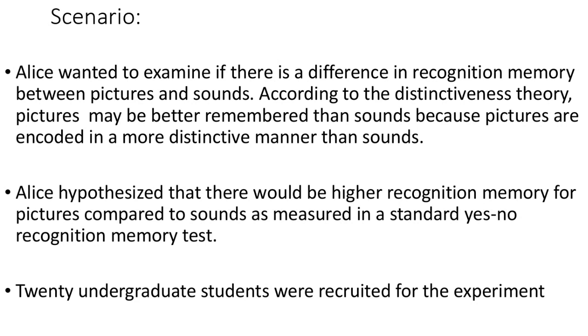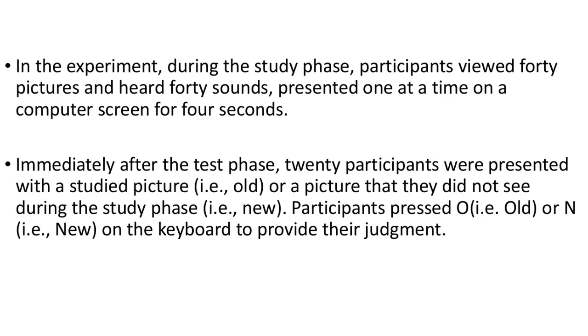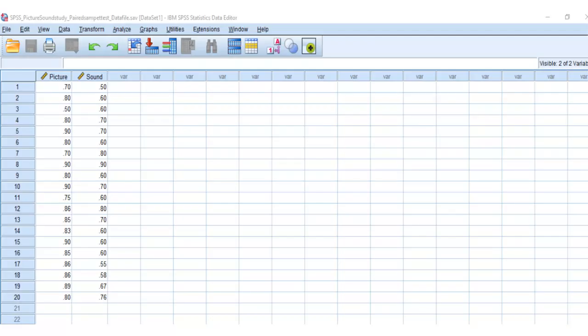Twenty undergraduate students were recruited for the experiment. During the study phase, participants viewed 40 pictures or heard 40 sounds, presented one at a time on the computer screen for 4 seconds, and immediately after they were asked for their recognition judgment by pressing on a keyboard.